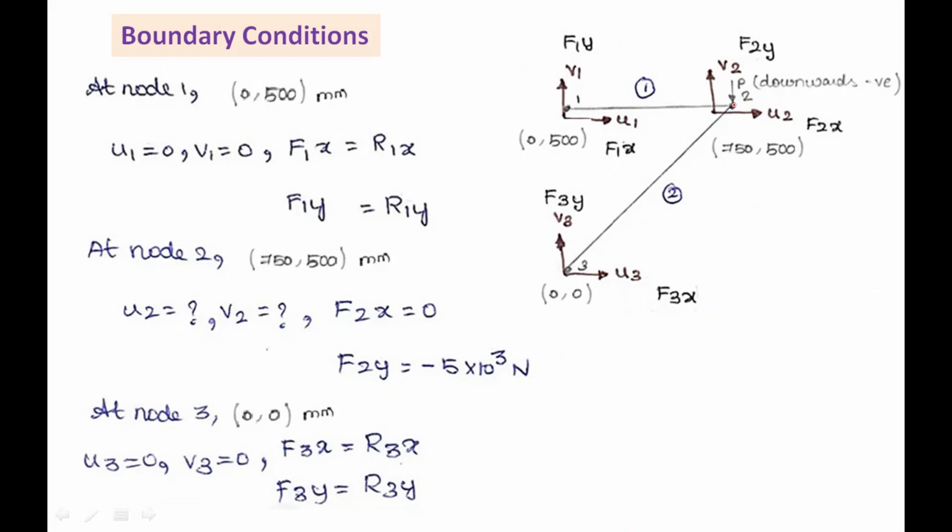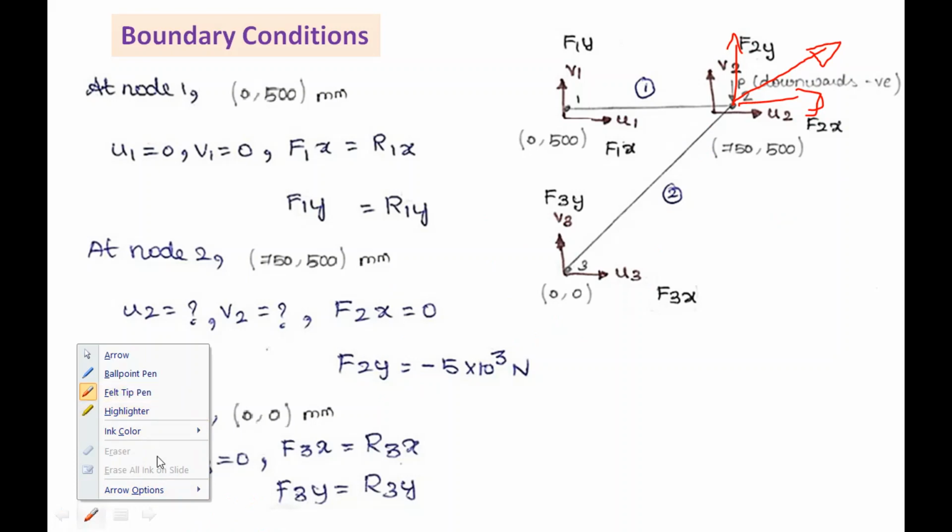Suppose the load is acting at joint 2 in an inclined direction, then this load will be resolved along the x direction and along the y direction. Then we will have a component of F2x and a component of F2y also. But in this problem, the load is given only in the vertically downward direction.